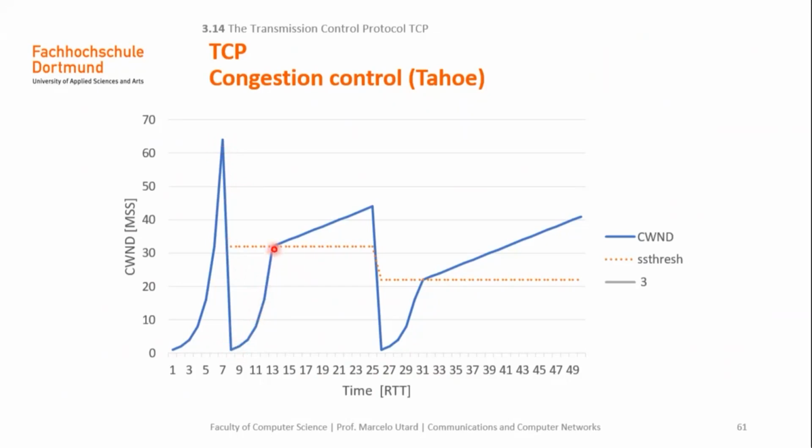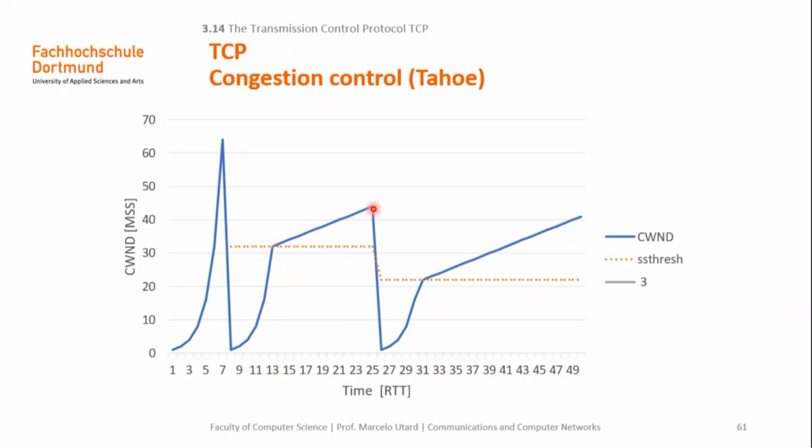When the congestion window reaches the slow start threshold, the behavior of the algorithm changes to the congestion avoidance phase. In the congestion avoidance, the congestion window is incremented only by one every round trip time. And that's why the evolution of the congestion window is linear and not exponential.